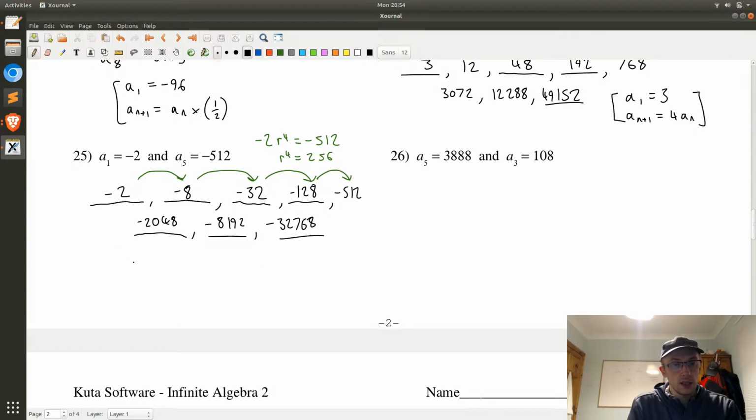Great. The recursive formula now, well, that would simply be that a1 is -2 as given. And a(n+1) would be 4 times an, right? Okay, last one, and then I have to take a little bit of a break.